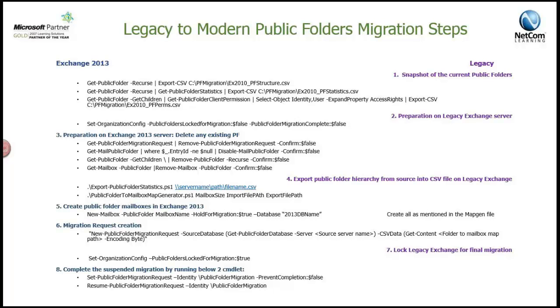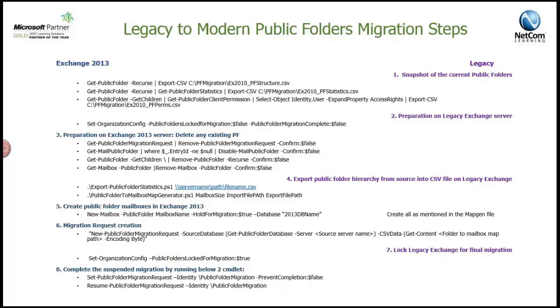All right. Step 3 is deletion of any existing public folder. This is supposed to be run on Exchange 2013. We will run this command to remove any previous public folder migration request. We can also check the current status by running the same command before the pipe, just Get-PublicFolderMigrationRequest. It will show you if there's any public folder request available, and if there's one, you can just remove it.